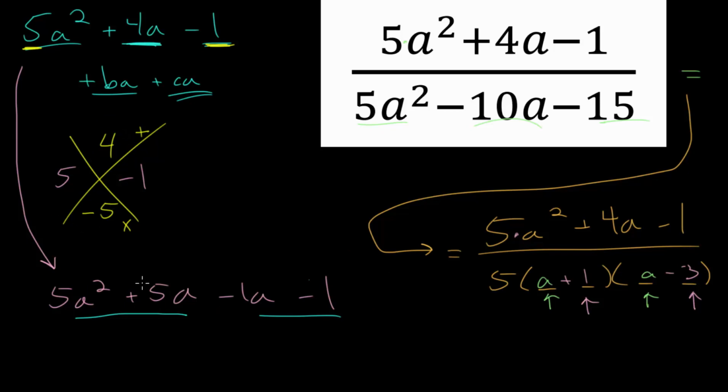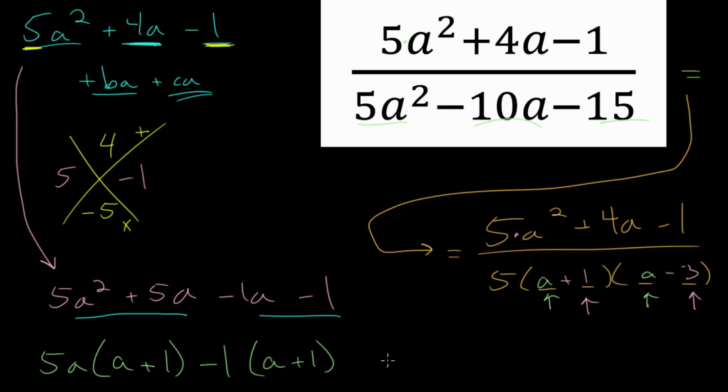But going back to our problem, once we do break it up into two terms, we can pair the first two and the second two, and now we can pull out a greatest common factor. From these first terms, we can pull out 5a, and here we're left with an a, and here we're left with +1. You can always check this by just redistributing. And here we can pull out a -1, so that we're left with an a here and a +1 here.